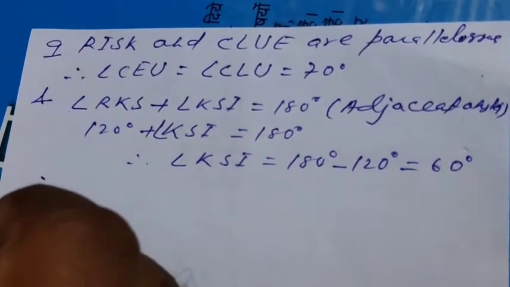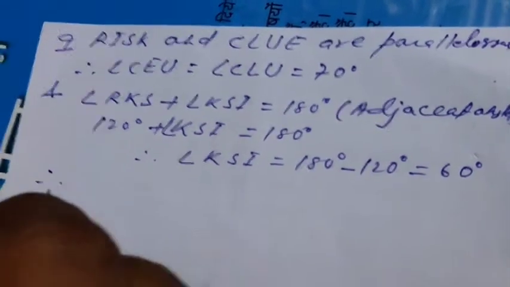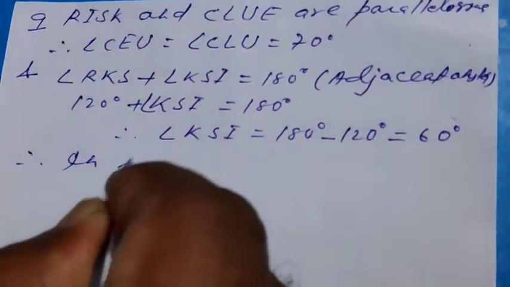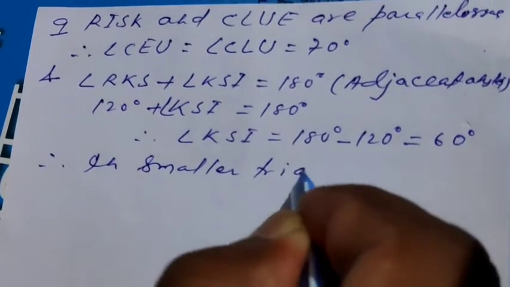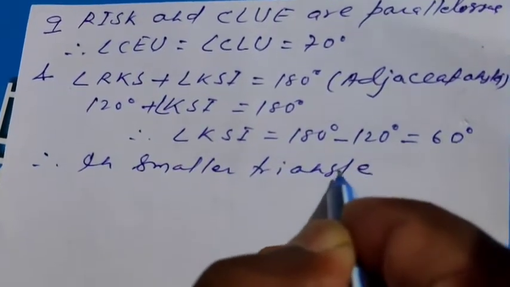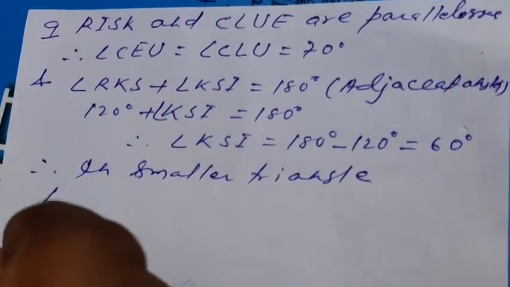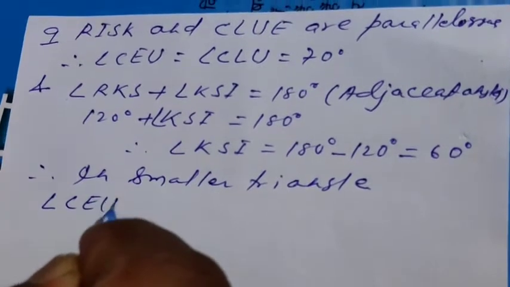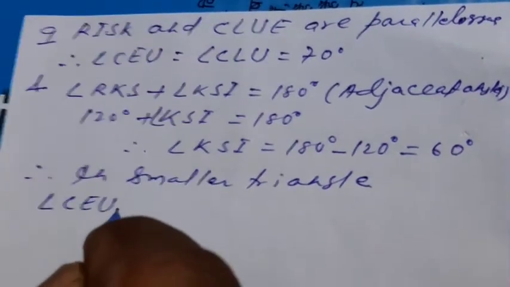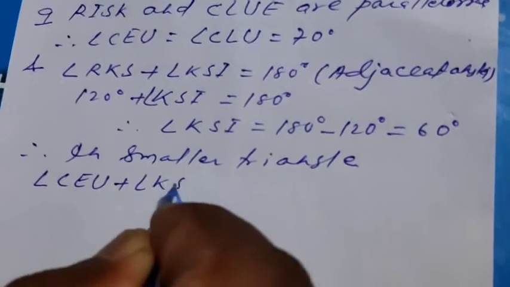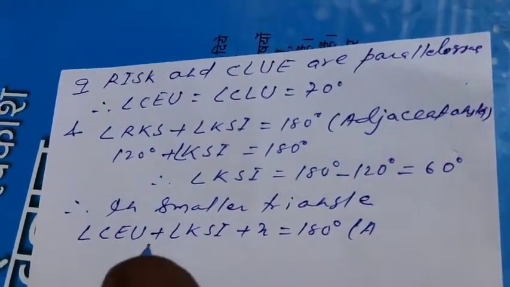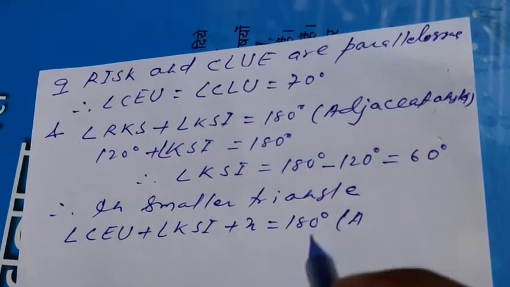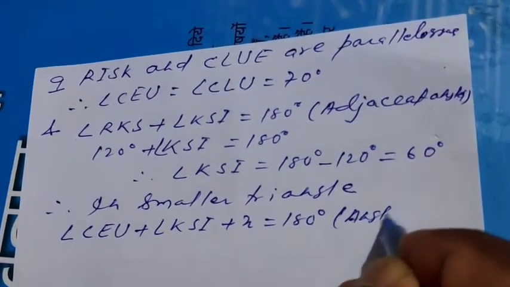Therefore in the smaller triangle, angle CEU plus angle KSI plus x equal to 180 degree, by the angle sum property.